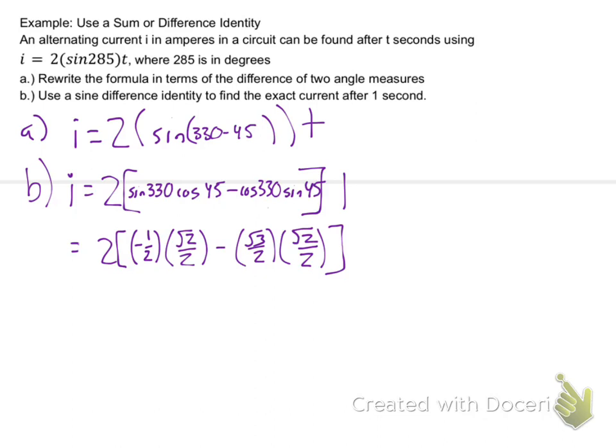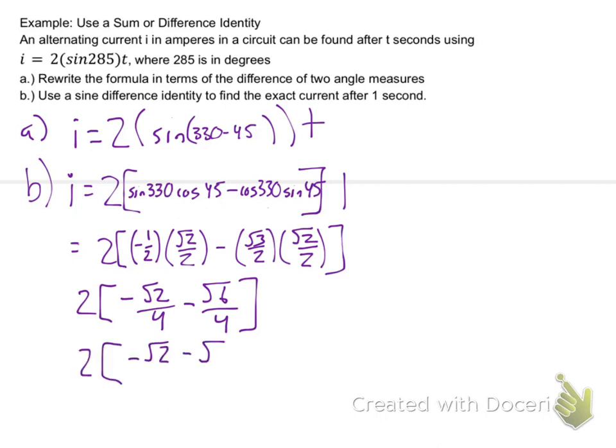Well, what the heck? These are all the same numbers as last time. Negative times a positive will be negative, so that's a negative square root of 2 over 4, minus square root of 6 over 4, which would lead us to 2 times negative square root of 2 minus the square root of 6, all over 4. And now can I bring 2 in?